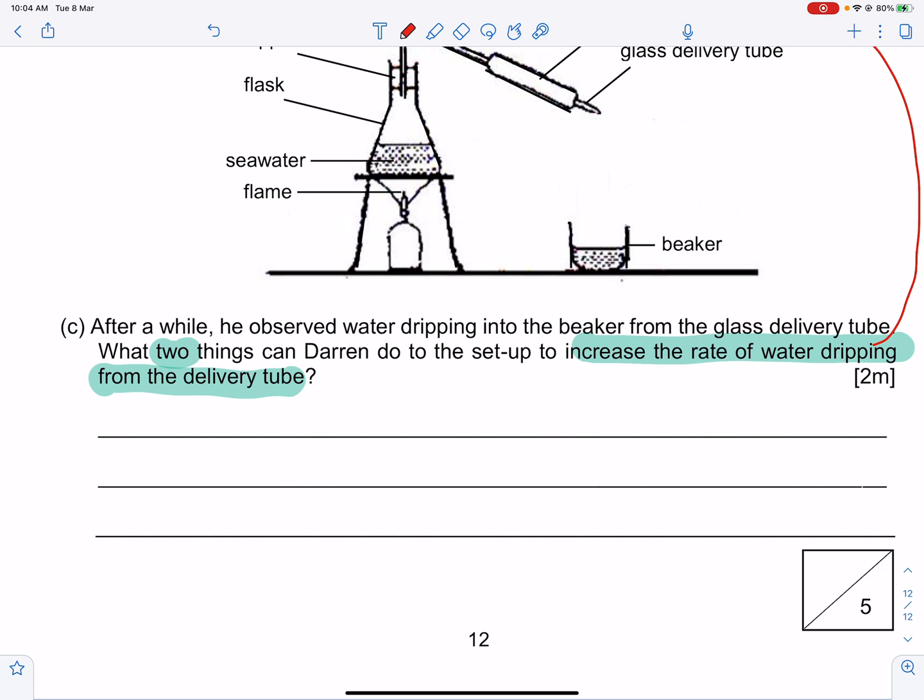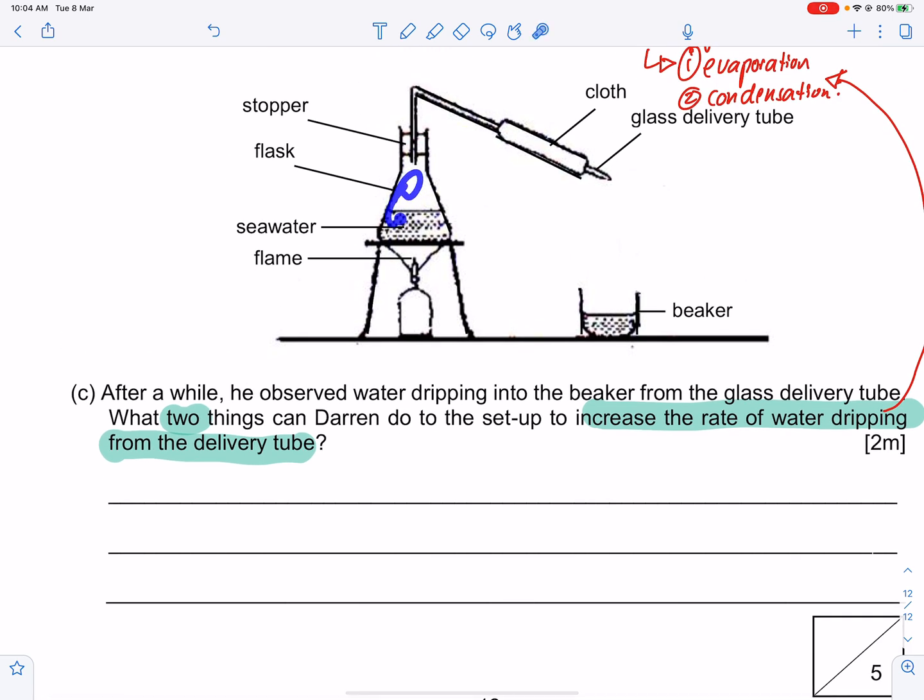However, I have told you before, you really cannot use a fan in this setup. You cannot put the fan inside here. It doesn't work that way. So we will only look at factors. Either you increase the exposed surface area of your flask or you increase the temperature. Now once again, many of you didn't tell me what to do.